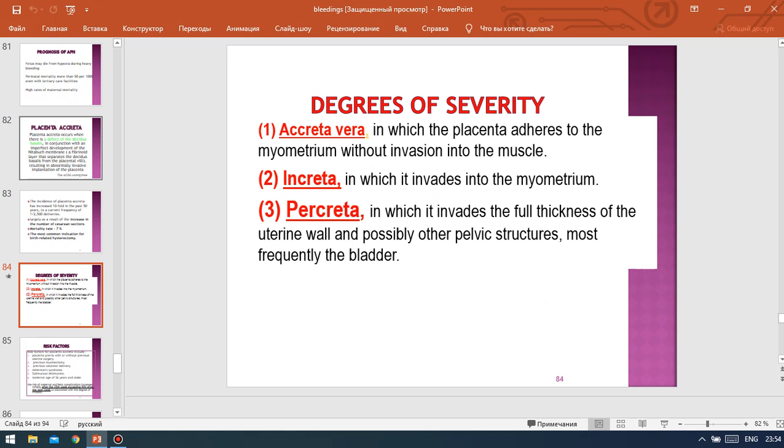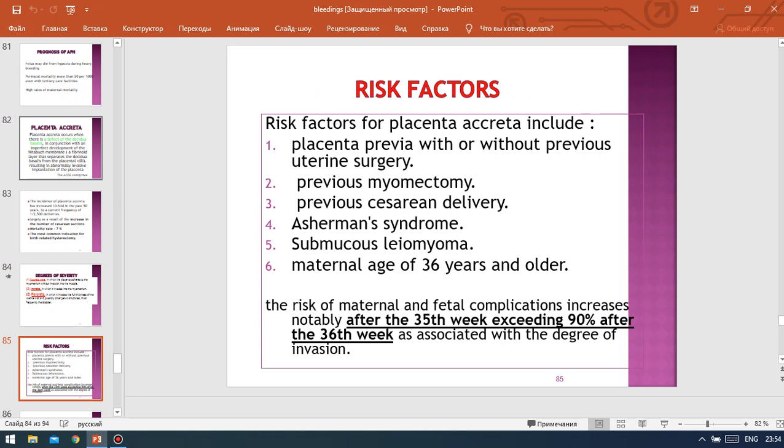Degrees of severity: the first, accreta vera, in which the placenta adheres to the myometrium without invasion into the muscle; increta, in which it invades the myometrium; and percreta, in which it invades the full thickness of the uterine wall and possibly other pelvic structures, most frequently the bladder, because it's situated before the uterus.